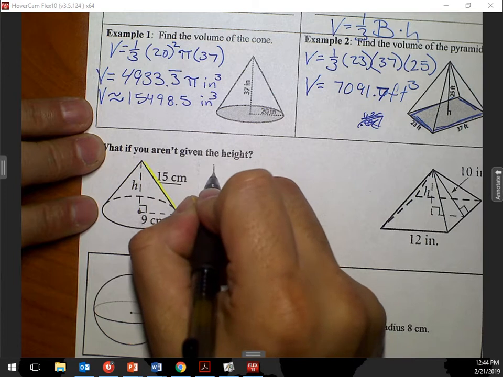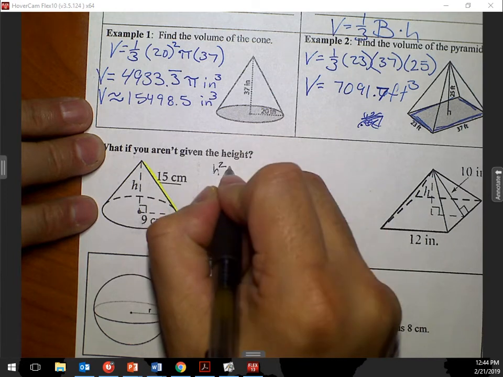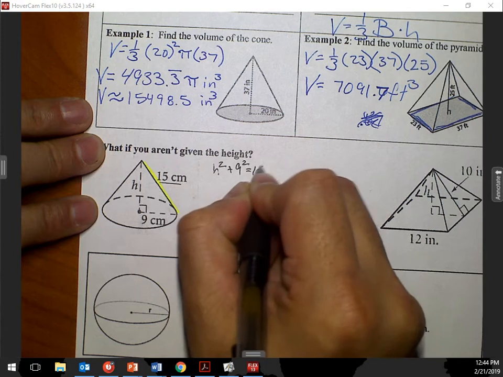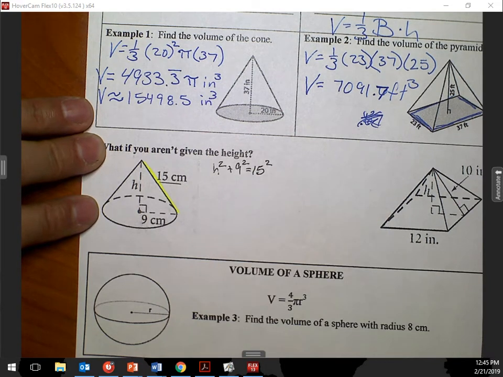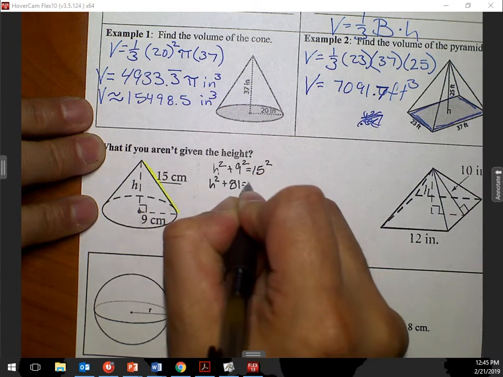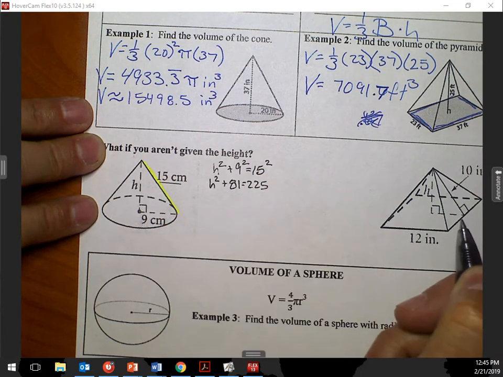h squared plus 9 squared equals 15 squared. So it's going to be h squared plus 81 equals 225.